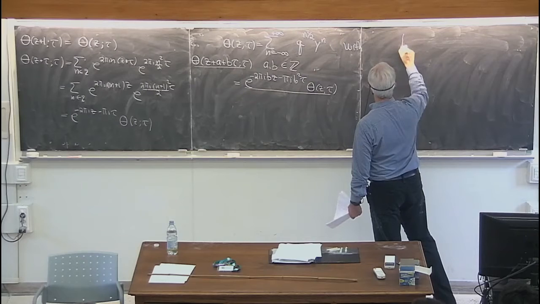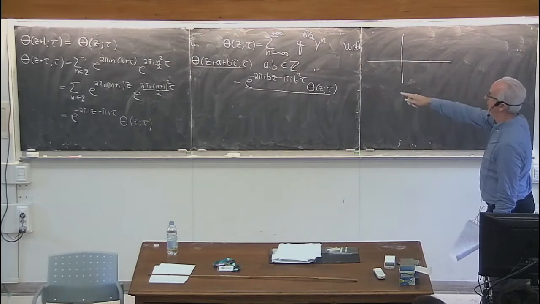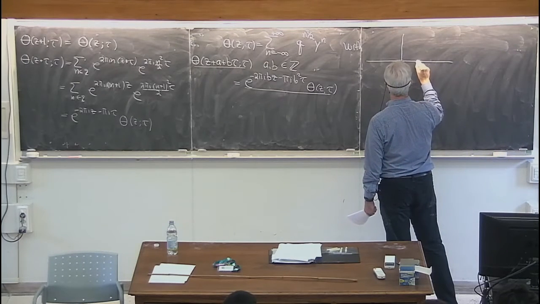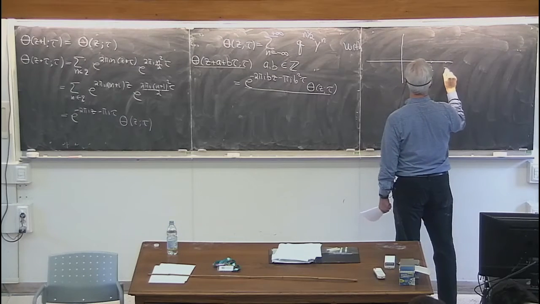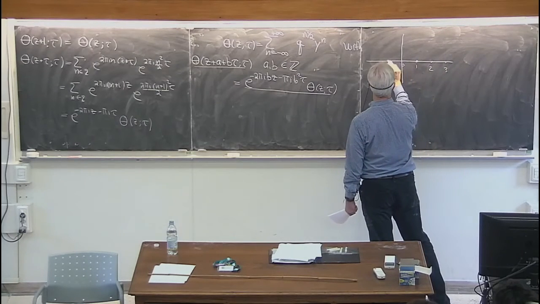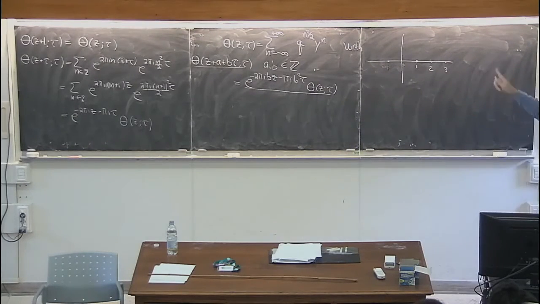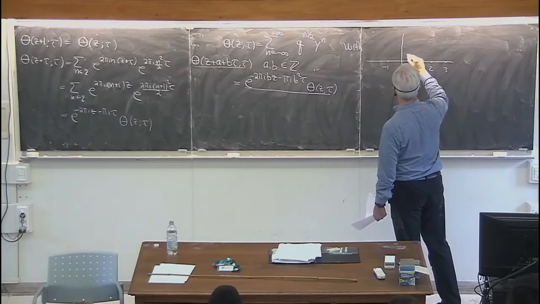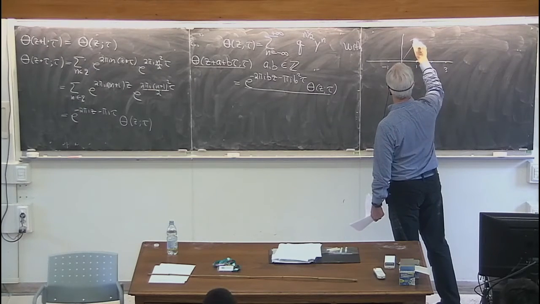So in the complex plane, I have the possibility to shift z by an integer. So here's 1, 2, 3, here's the origin, minus 1, etc. So I have a periodicity under shifts by integer amounts along the real axis. And then I have a complex number tau, which has a positive imaginary part. So here's tau.